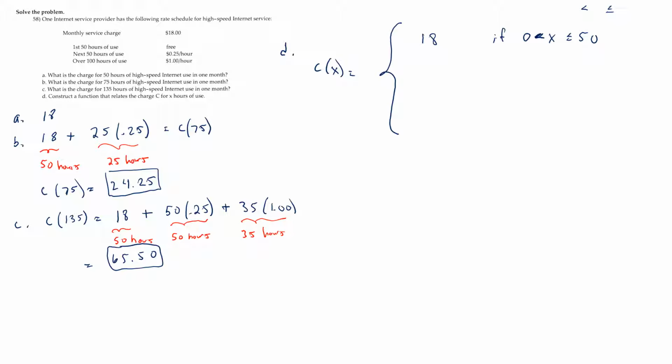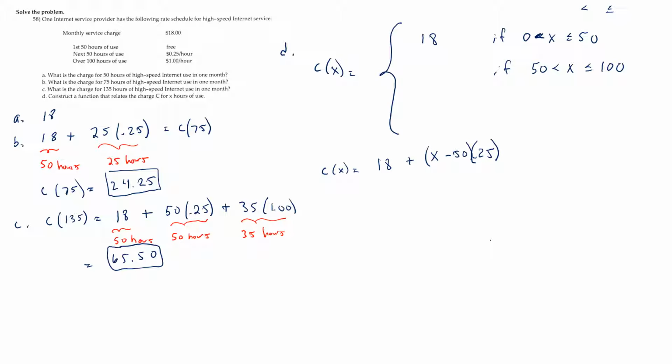And then if I use the internet more than 50 hours, there's going to be a special cost, which I need to figure out. What happens is I have to pay $18 plus the number of hours that I use the internet minus 50, times 0.25.